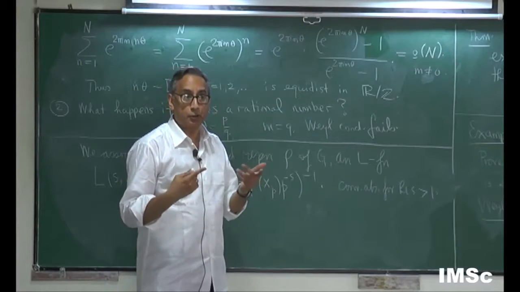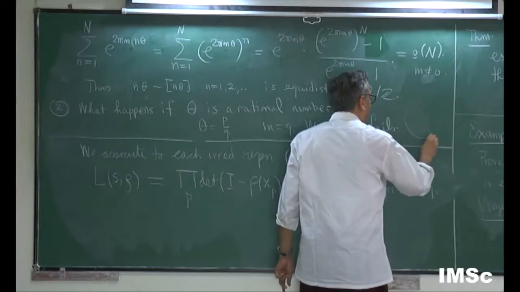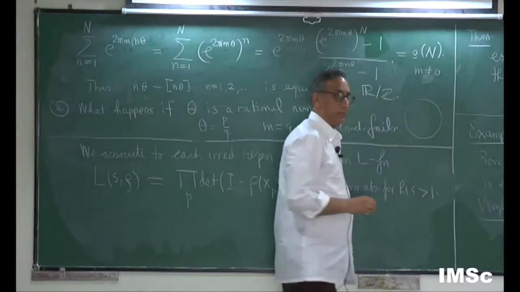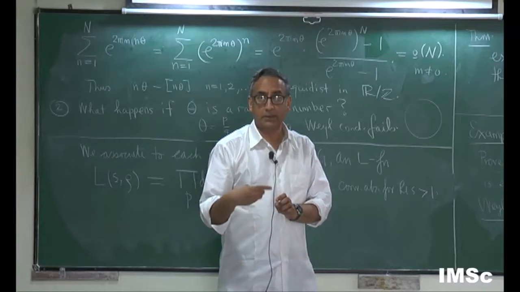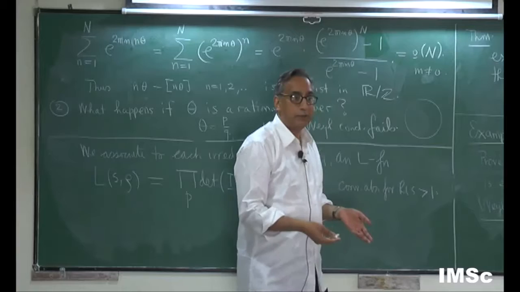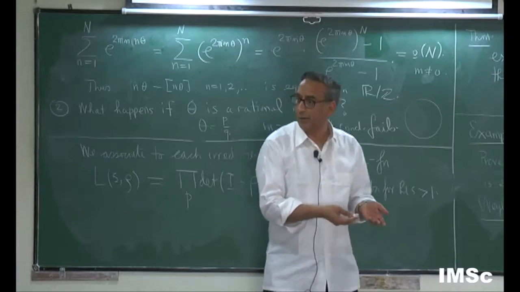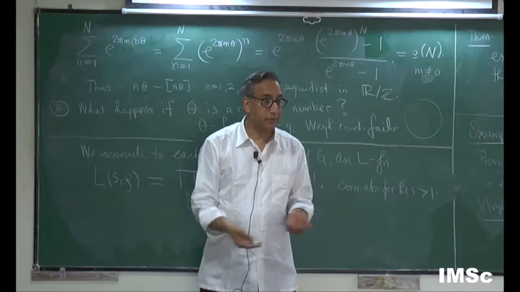And actually, intuitively, you should be able to see this, because if I have a rational number p over q and I'm looking at multiples of that thing, remember, it only depends on the remainder, and the value of the fractional part is actually 1 over q, 2 over q, up to q minus 1 over q. These are the only values.